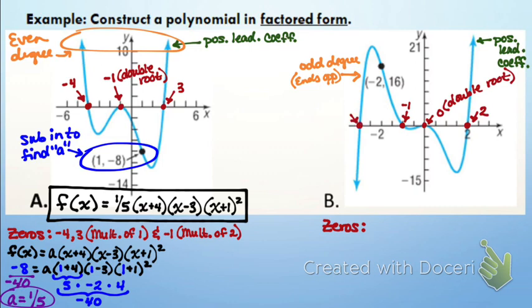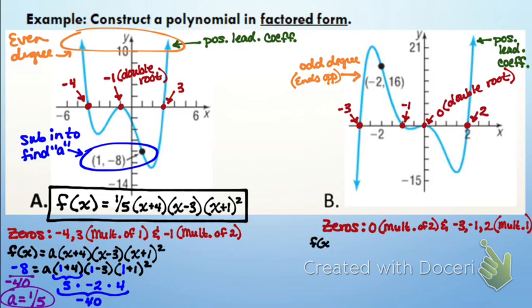And -3. Looks like they're counting by 0.5s on that x-axis down there. Okay, we have a 0 at 0 with multiplicity 2. And we have -3, -1, and 2 with a multiplicity of 1.